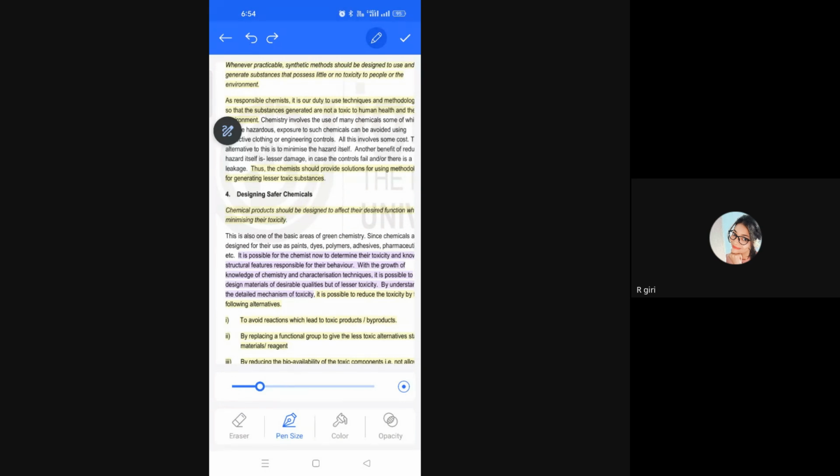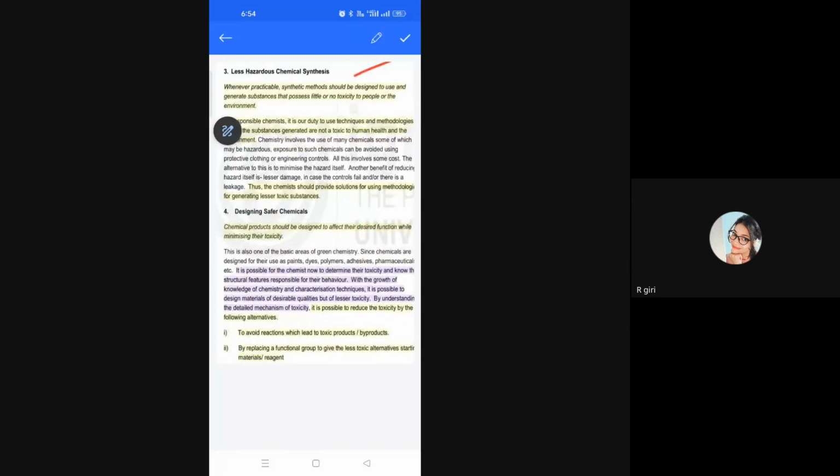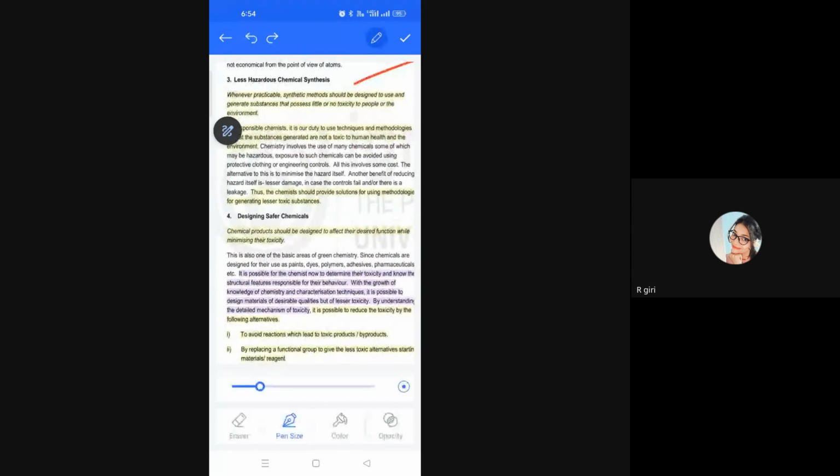Our production should be in such a way that it should not produce toxic or hazardous chemicals, so that our environment and the people who are working in the laboratory will not be affected by the use of this hazardous chemical. We should remember this in our mind.